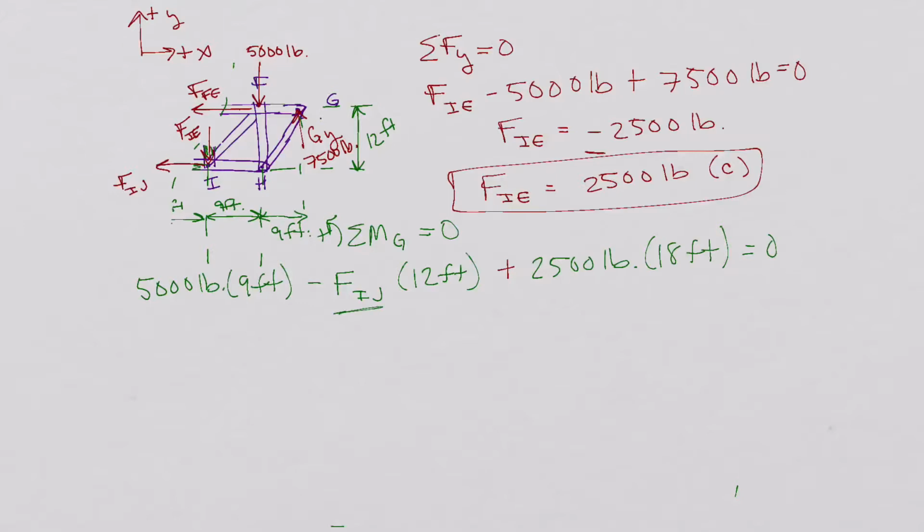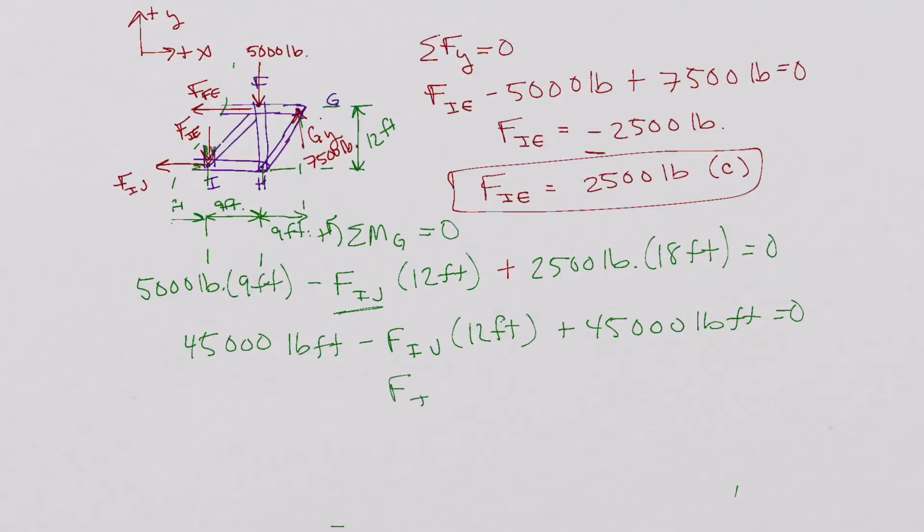And so now we can figure out that FIJ. Basically, we get 45,000 pound-feet minus FIJ times 12 feet plus 2,500 times 18 feet, which is 45,000 pound-feet, equals 0.